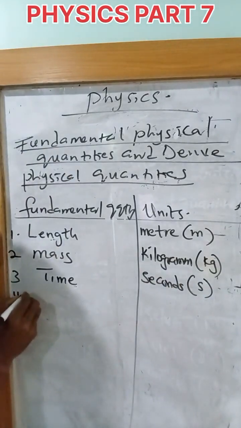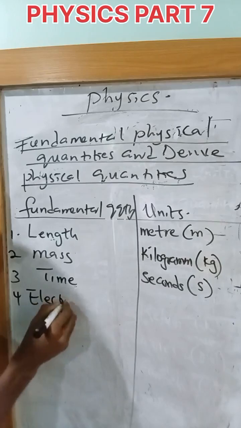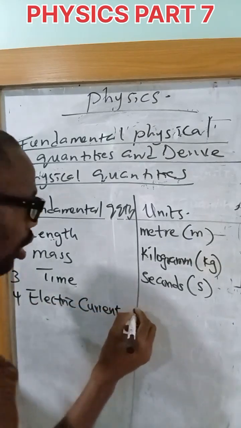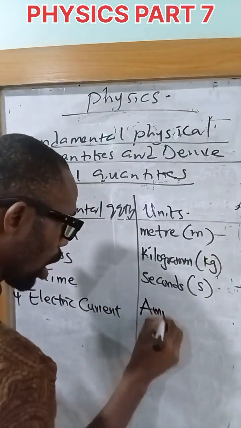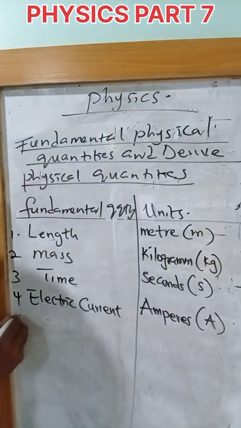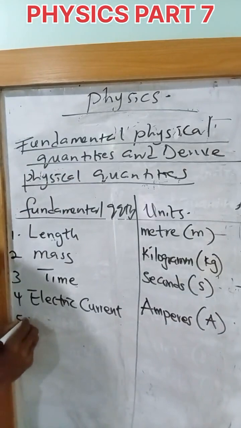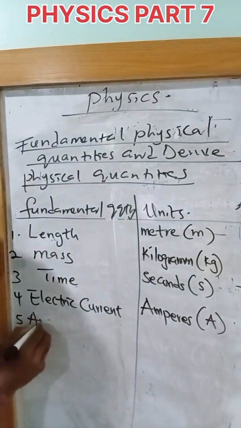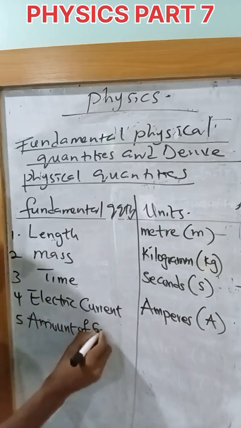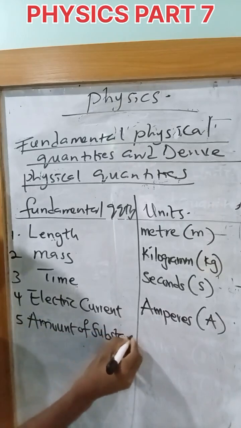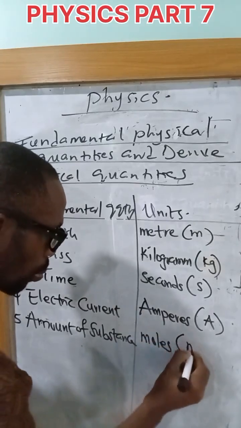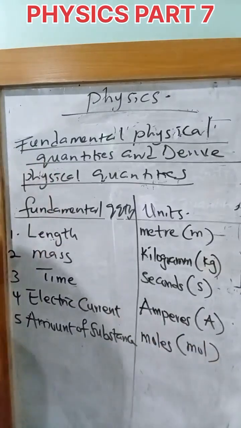Number 4, we have electric current, also a fundamental quantity. The unit is amperes, represented as A. Number 5, we have amount of substance. Its unit is moles, represented as mole.